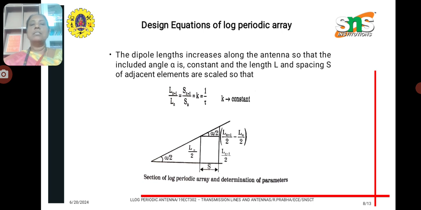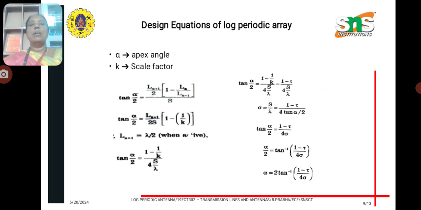So here K is the constant, alpha is the apex angle, and K is the scale factor. The formulas are tan alpha by 2 is equal to 1 minus 1 by K divided by 4 into S by lambda, and the apex angle alpha is equal to 2 tan inverse of 1 minus tau divided by 4 sigma.